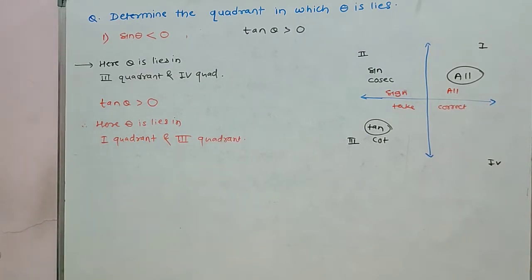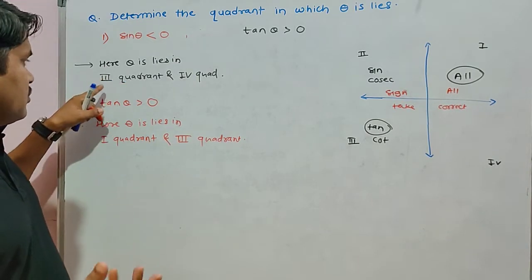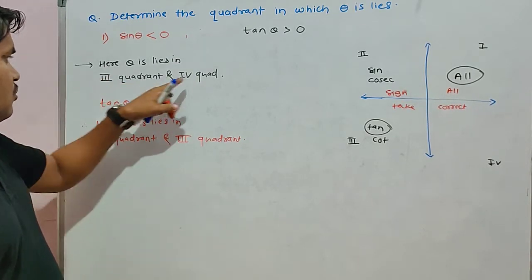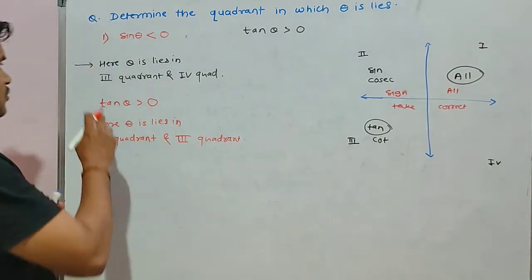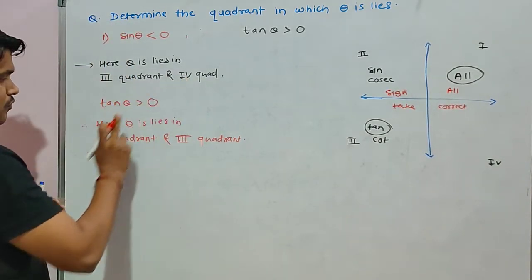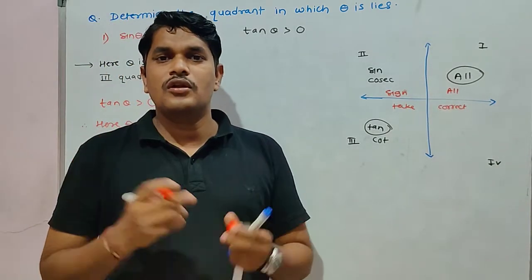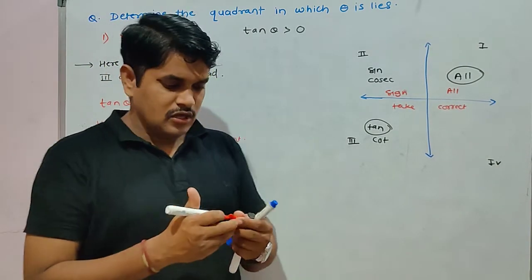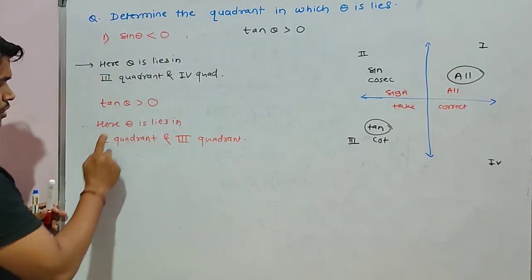Okay. Now we have the quadrants 3, 4, 1, and again 3. Then in which quadrant does theta lie? So take the common quadrant. The common quadrant is what? 3, 4, 1, and 3.